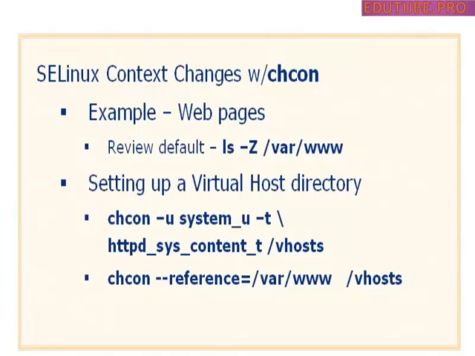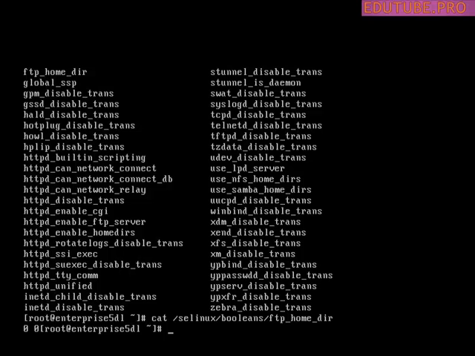Security Enhanced Linux context can be changed with the chcon command. As an example, I'm setting up web pages on a virtual host. And to make it work with Security Enhanced Linux, I have to make sure that the contexts are the same as the default. As you may already know, the default configuration file for web pages is in the /var/www directory.